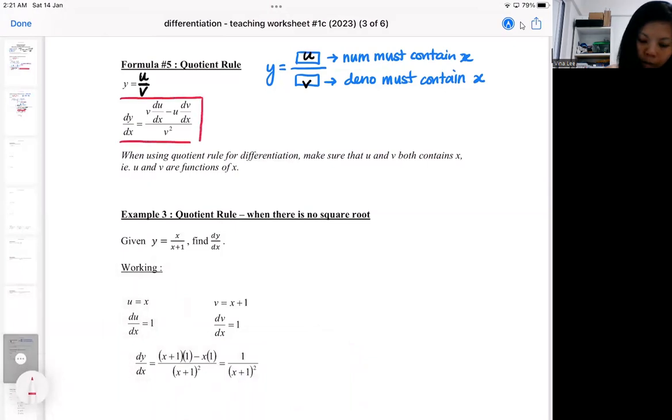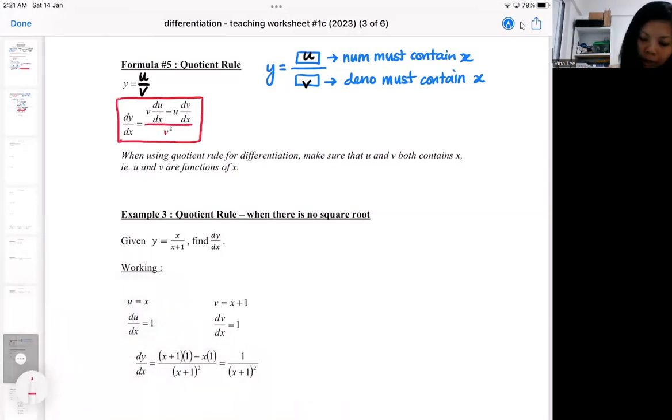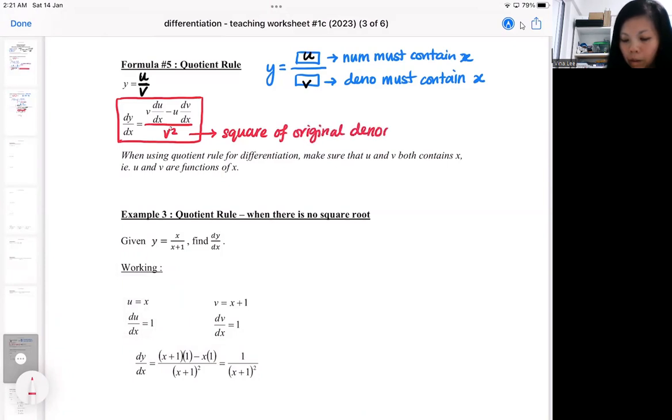If you observe the formula here, the denominator is v squared. It is the square of the original denominator. The numerator is the one that looks a bit complex.